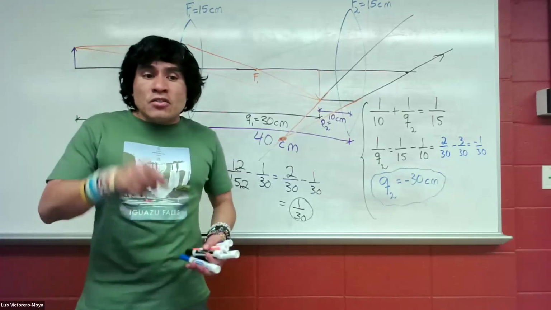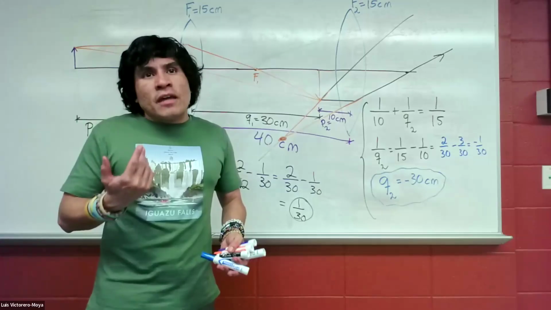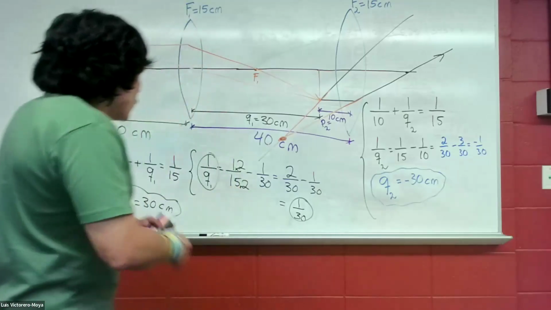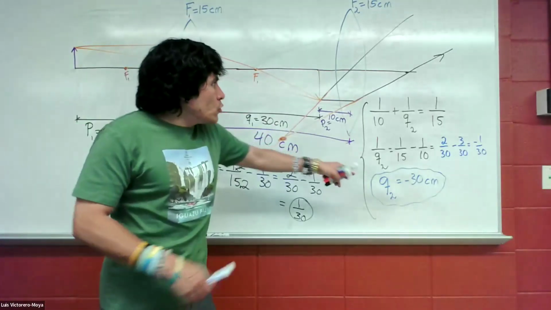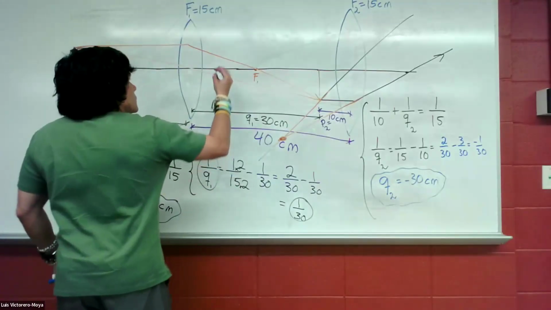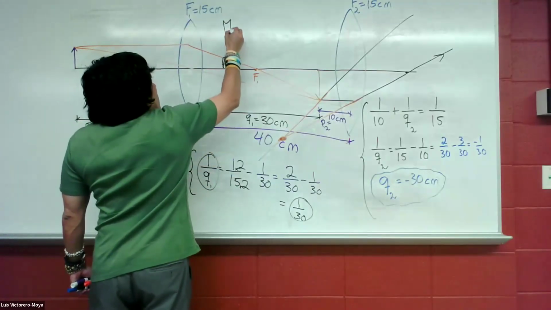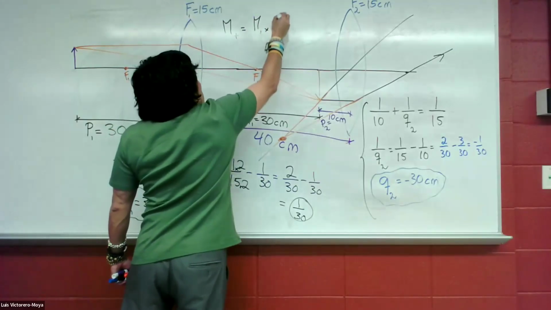Now, what about the magnification of the system? They ask you in this problem to find the overall magnification, basically. So for that, you need Q1, P1, P2, Q2, because the total magnification, M total, is M1 times M2.